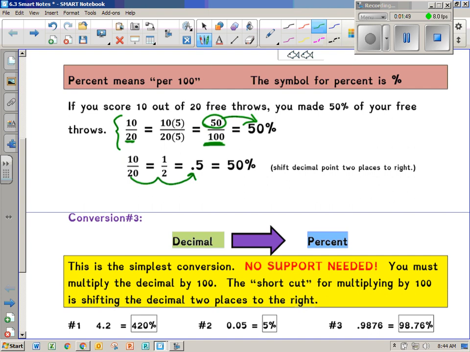So the decimal moves 2 places to the right, so that would give you 50%. Not to be confused with 5%. 5% would be 0.05, and you'd move it 2 places. So you don't want to get those mixed up. Big difference.